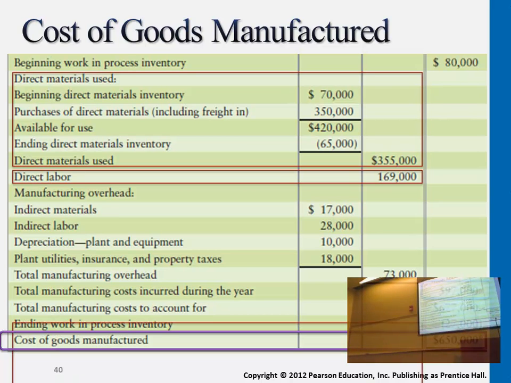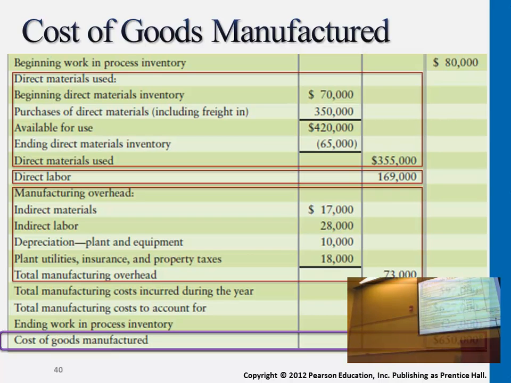Indirect costs include a lot of different categories. First of all, indirect materials. Remember, on the cake, the decoration, the labels, minor costs compared to the major ones. Indirect labor, like janitors' wages and plant managers' wages that cannot be directly traced to one product, $28,000. We also have depreciation expense on machines that help us produce the products, $10,000.